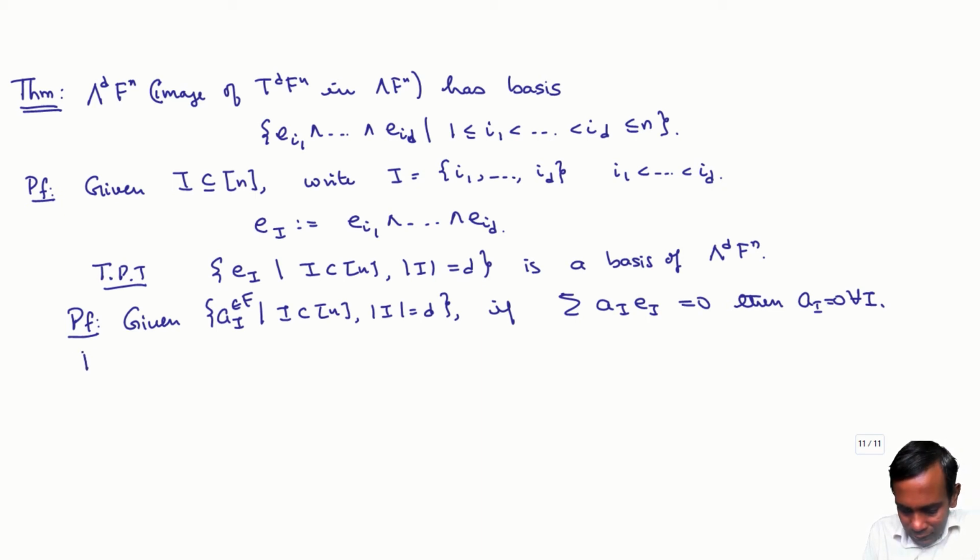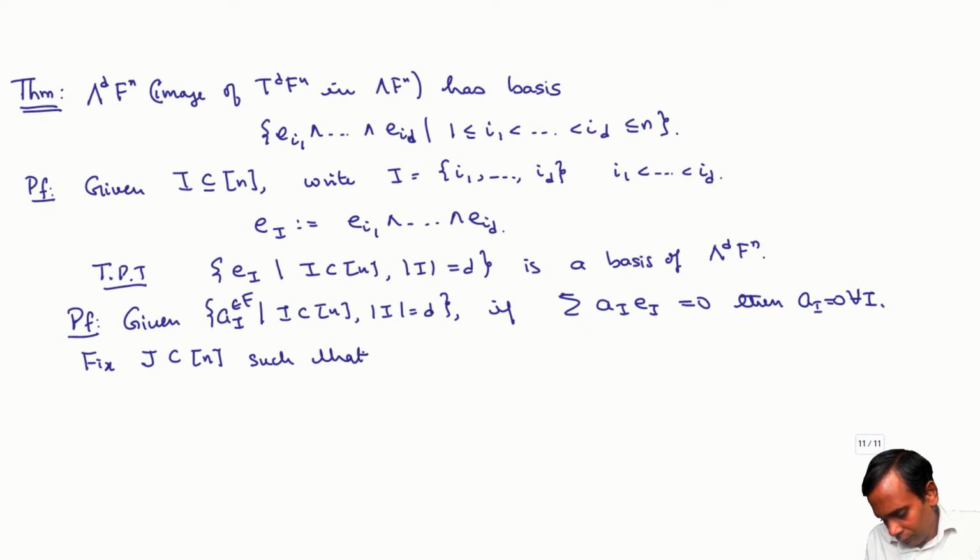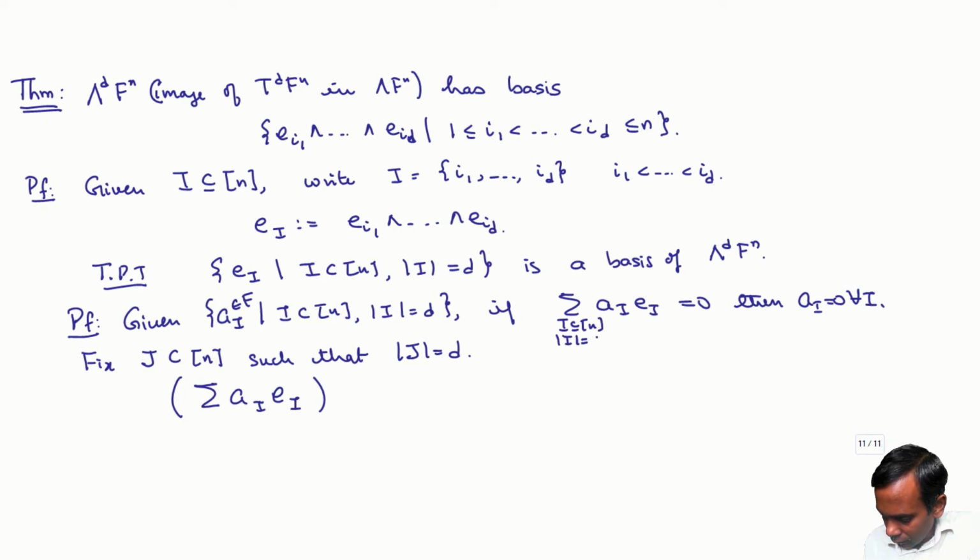Let's say fix one of these I's, let's call it J. Okay, and now you take this thing, summation a_I E_I, I leave out the index of summation here, it just gets cumbersome, wedge E_J complement.